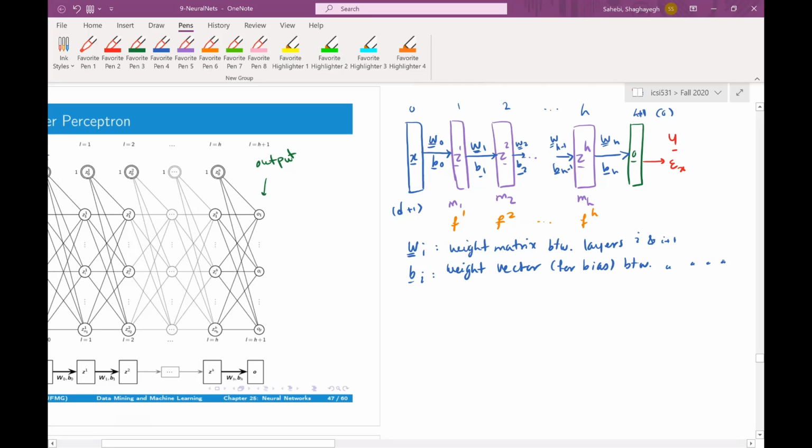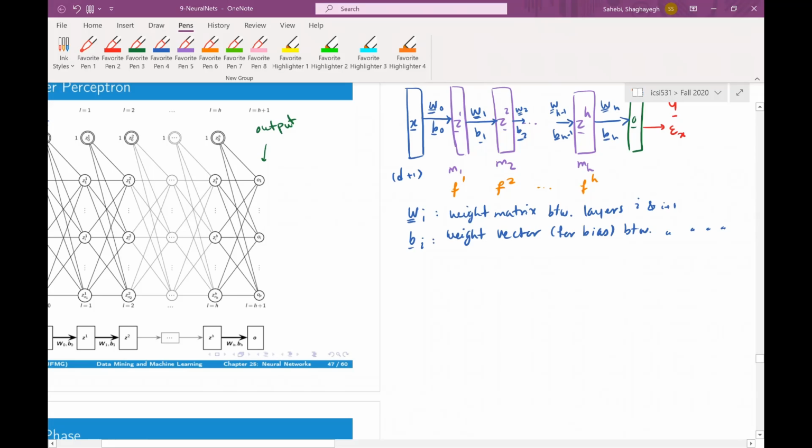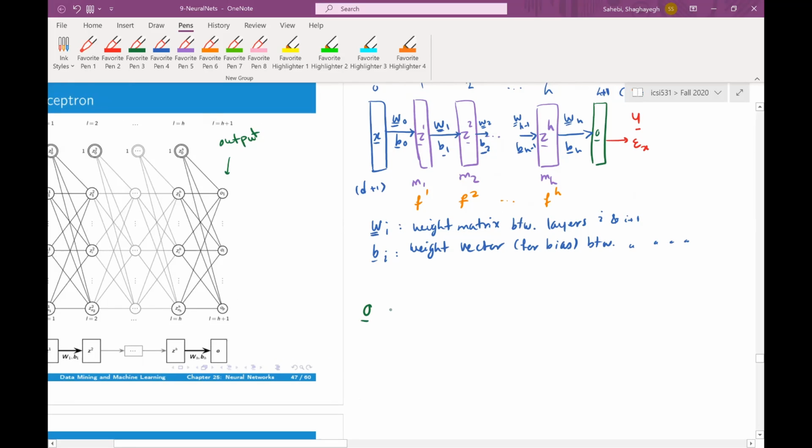And so when we are having a feed-forward situation, when we want to calculate the output given an input, what we have is very similar to what we had before in the single-layer perceptron. So, single-layer MLP. Our output is going to be the activation function for the output layer applied to the net that is coming from the previous layer, right?